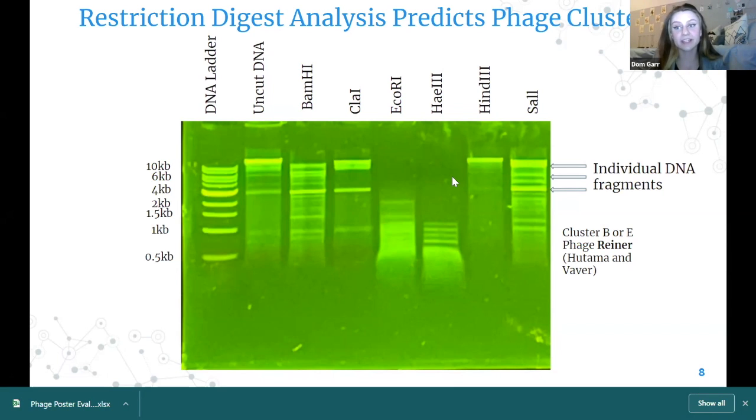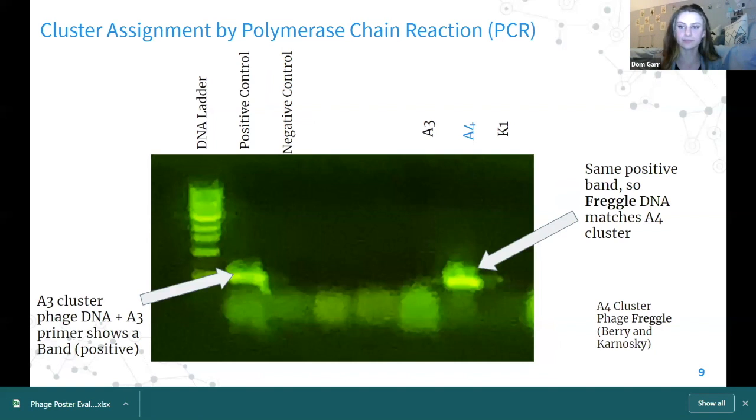It's an imperfect process because of how hard it is to count these cuts and due to other imperfections that may show up in the gel. However, it allows us to get a good guess, which we will test further when we decide the actual cluster of our phage next. So the lab technique that we use within our lab is known as cluster assignment via polymerase chain reaction to further figure out which cluster a phage belongs to.